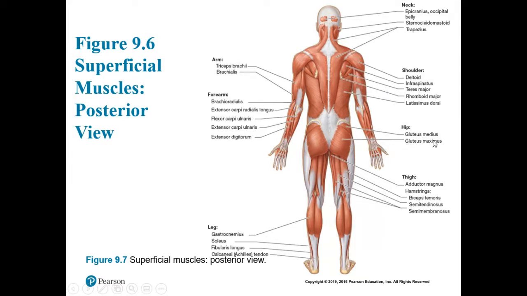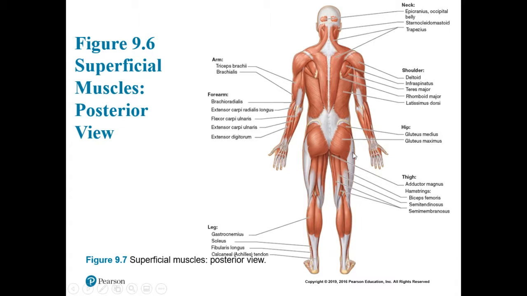So moving down to the hip, and I'm almost done here. We have gluteus medius, gluteus maximus. These play a role in bringing the upper aspect of the leg back to anatomical position. They originate onto the sacral region and coccygeal region of the vertebrae.